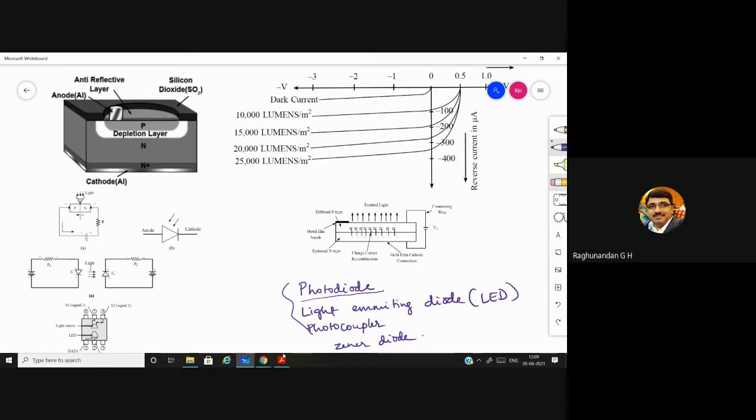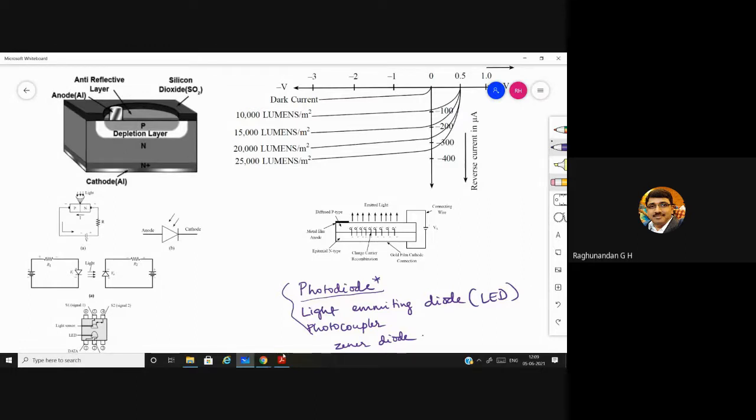A photodiode is a light detecting device. It converts light energy into electrical energy. When light falls on this kind of diode, that is the photodiode, it converts it into its equivalent electrical energy.